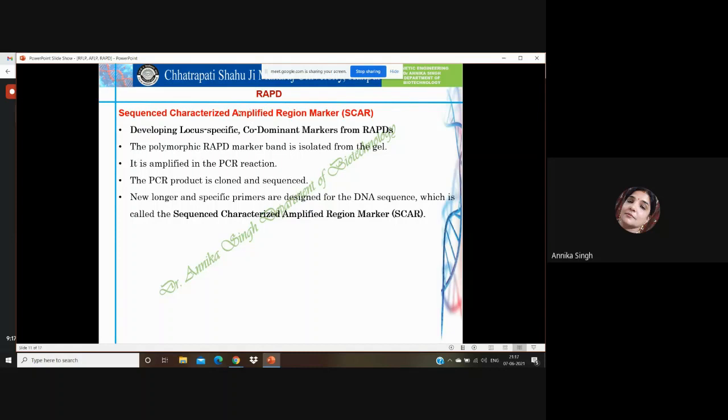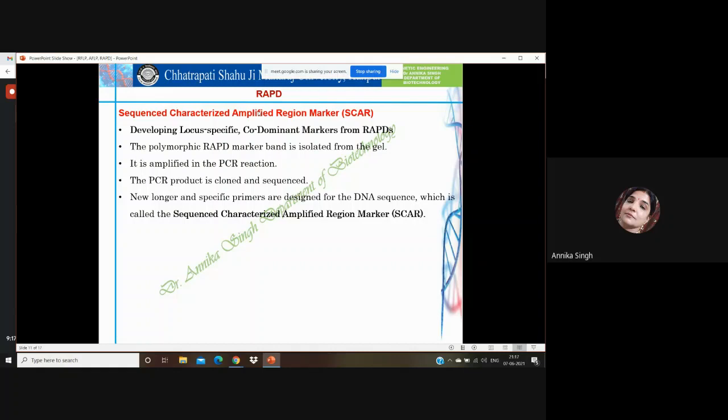This technique gives codominant markers from RAPDs, and it is locus specific, and the polymorphic RAPD marker band is isolated from the gel, and then amplified in the PCR reaction, and the PCR product is cloned and sequenced.